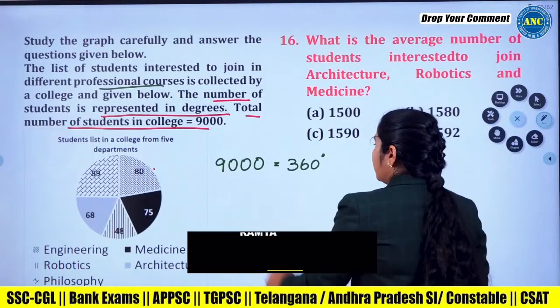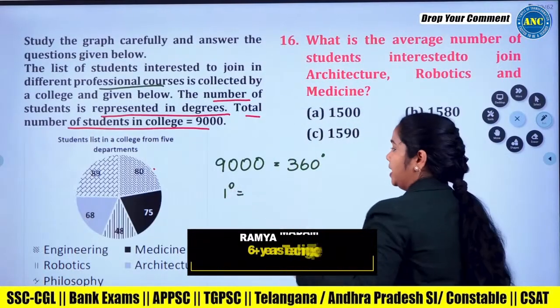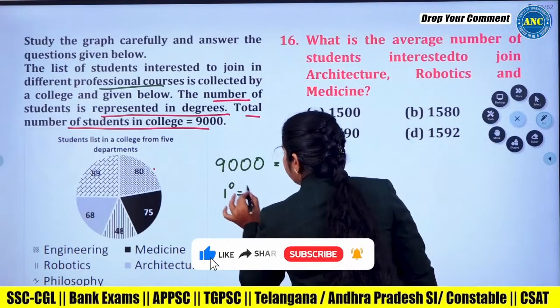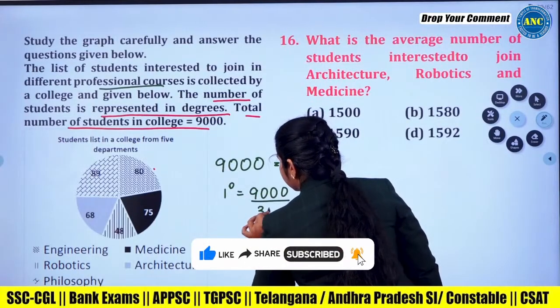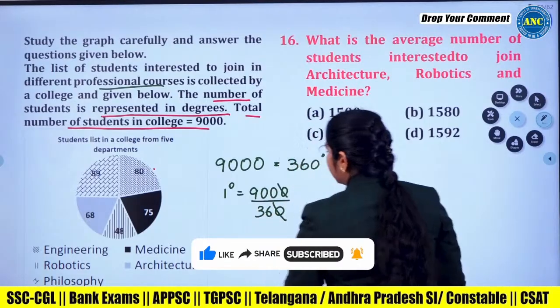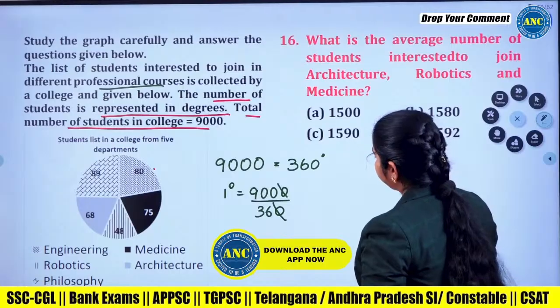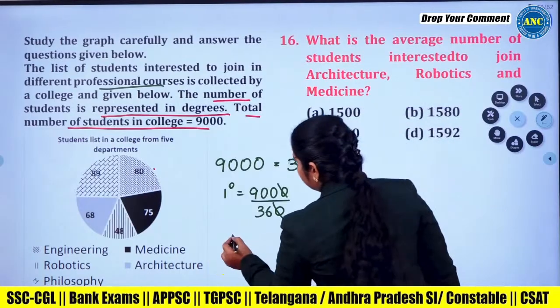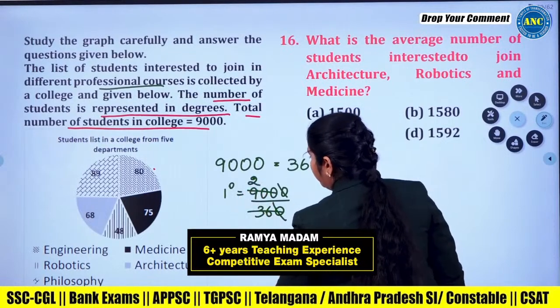From here, for 1 degree, how many students can we accommodate? 9,000 by 360. See, 36 2 times is 72.